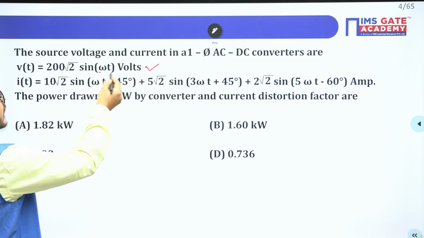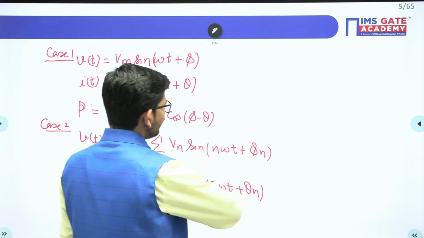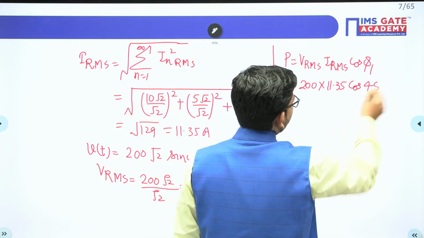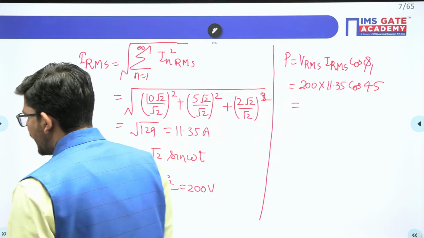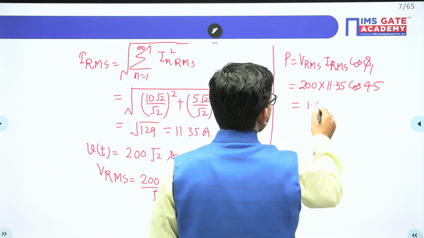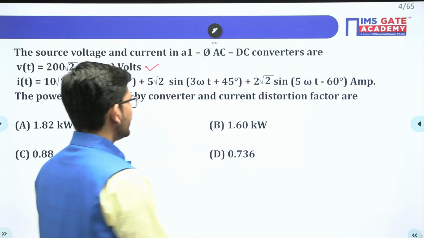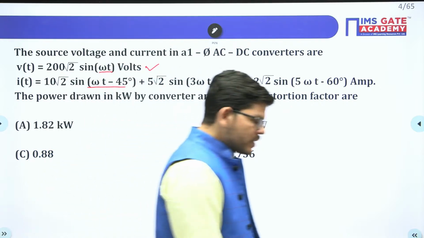Here we have sine omega t and here we have sine(omega t minus 45). So phi 1 will be 45 guys, cos of 45. When you calculate this, you will get power as 1.60 kilowatts. So do we have any answer which has this option? Yes, of course we have. Option B has the answer. Okay, so this will be the power.